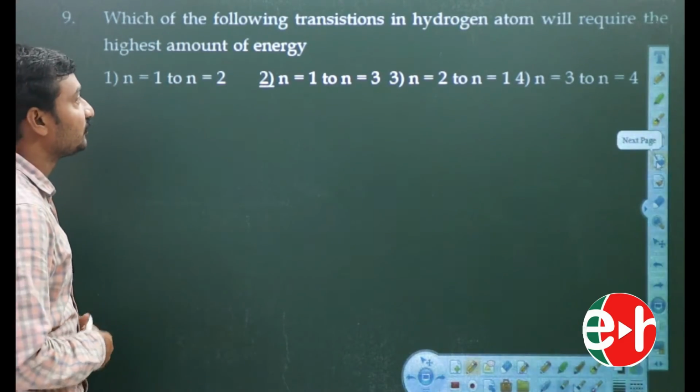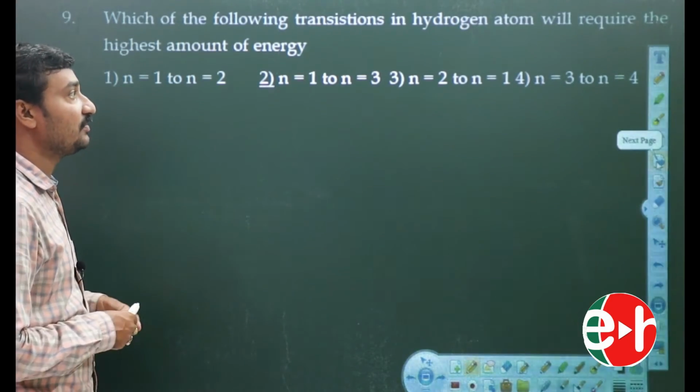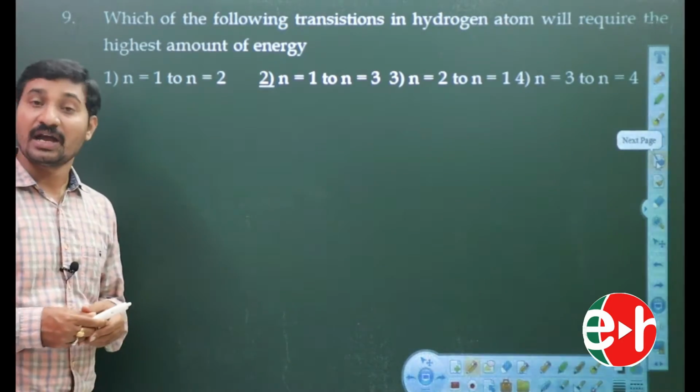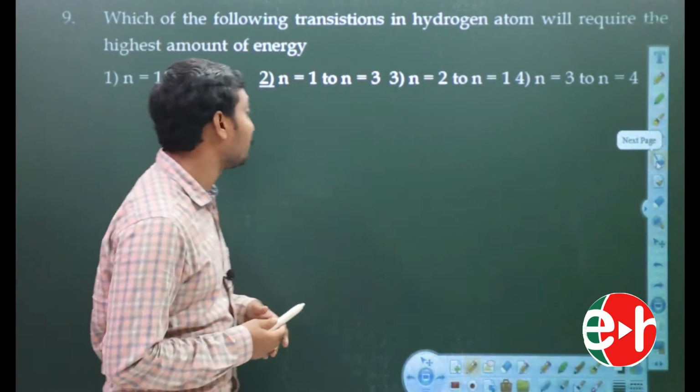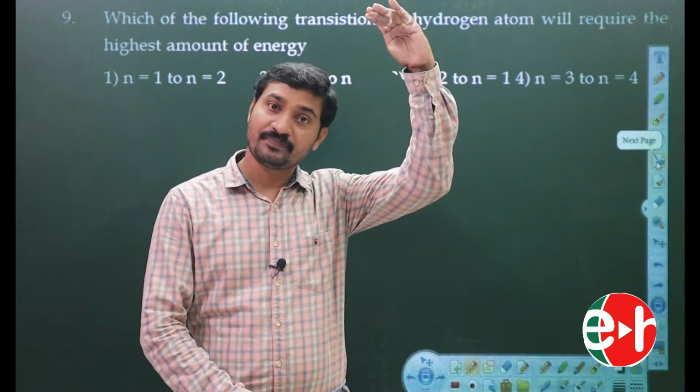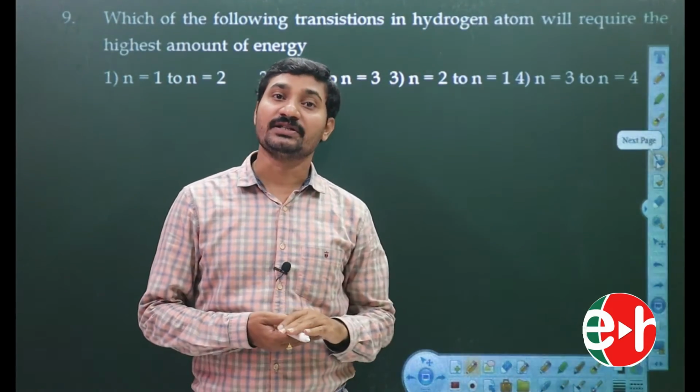Which of the following transitions in hydrogen atom will require the highest amount of energy? Highest amount of energy. We know if the energy gap increases, then the energy also increases.